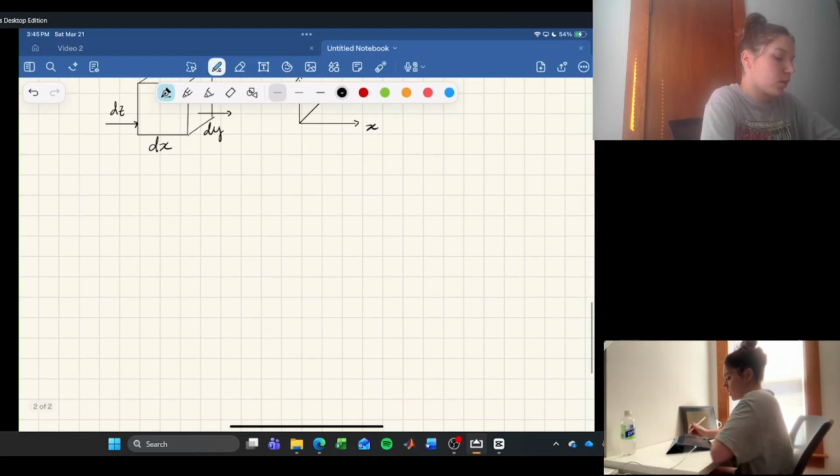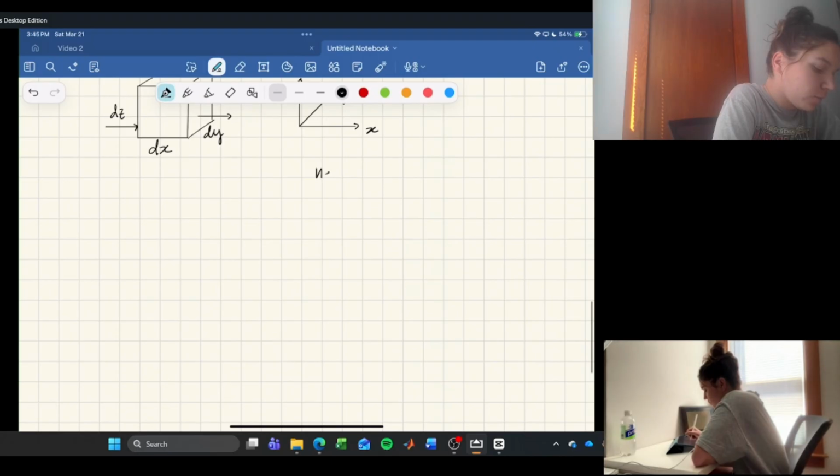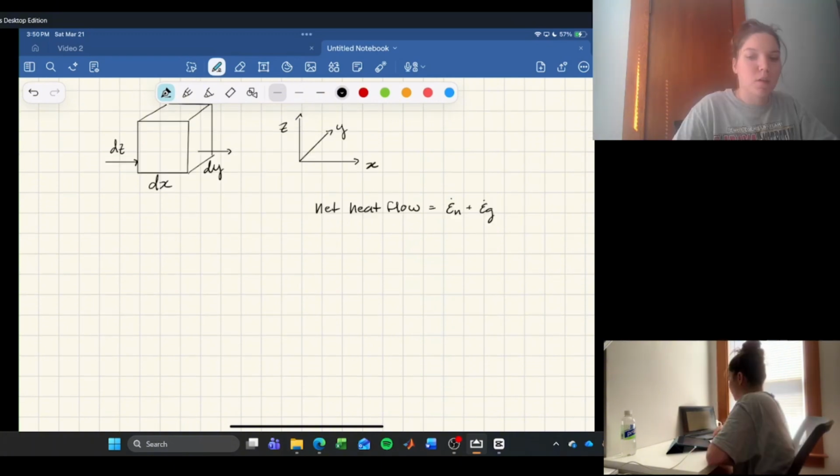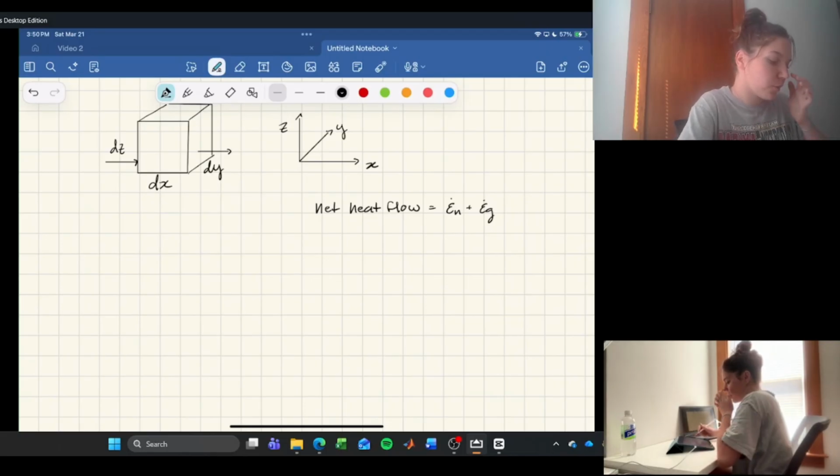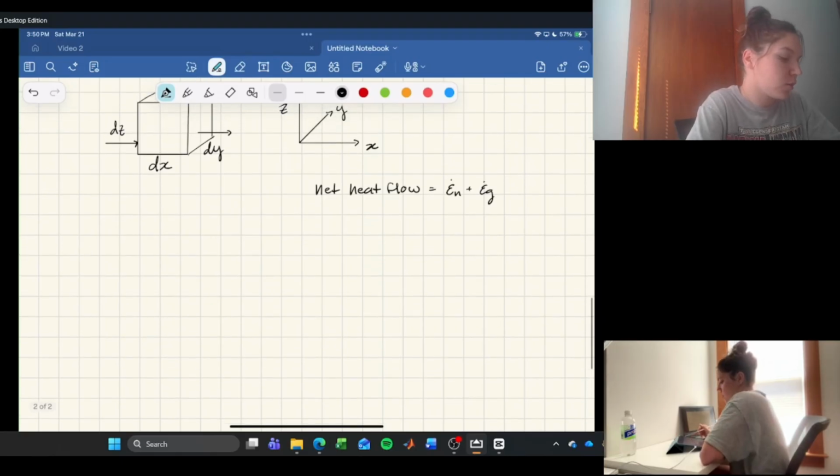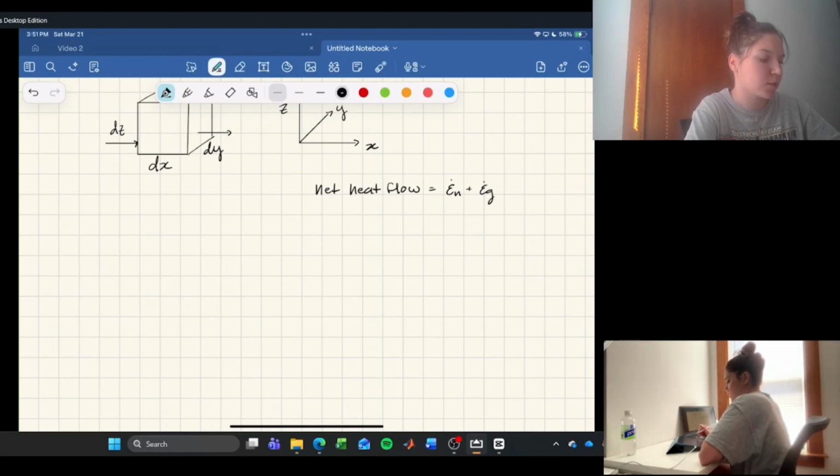So we know that the net heat flow is going to be equal to the energy stored plus the energy generated. So the energy stored is the energy that's within the box or within the volume. And so we can measure how the temperature is changing, but then we want to relate that to energy using the heat capacity.